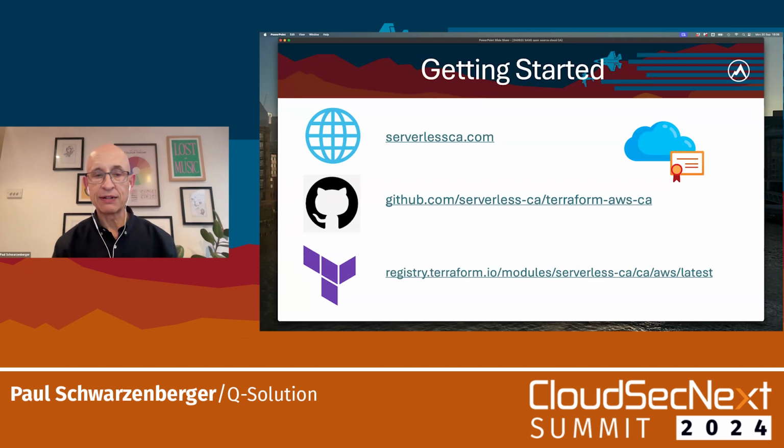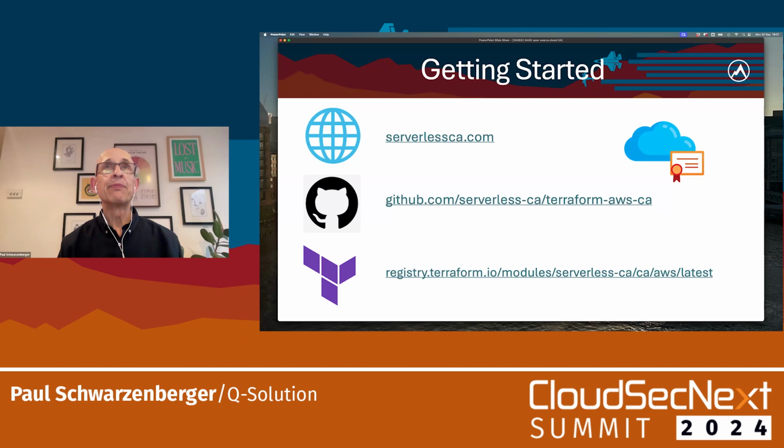And that means that the solution is extremely straightforward for organizations to incorporate into their infrastructure. It's very, very easy to just call a public Terraform module. And also very straightforward to update, simply changing a version number. So that's the way that we've implemented it.